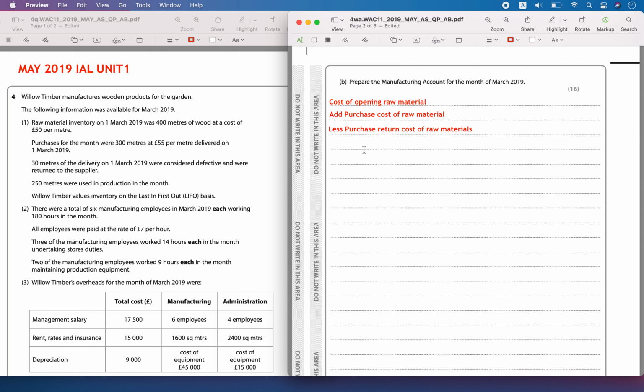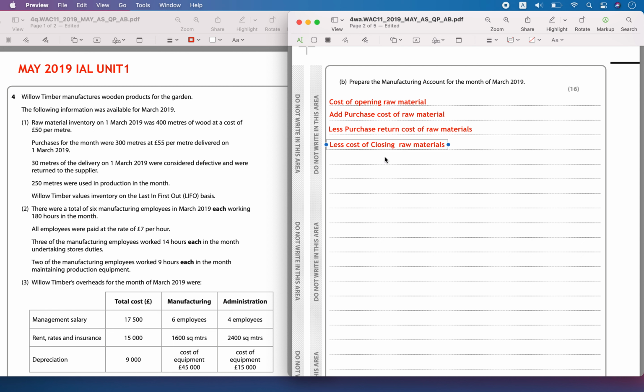And you will also reduce any closing inventory, the cost of the closing inventory. So these are the things you will do.